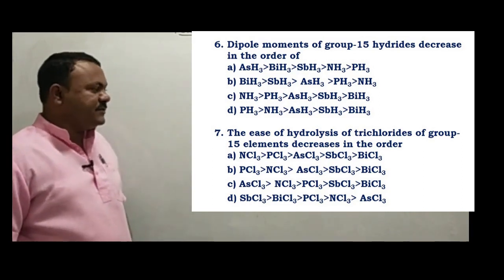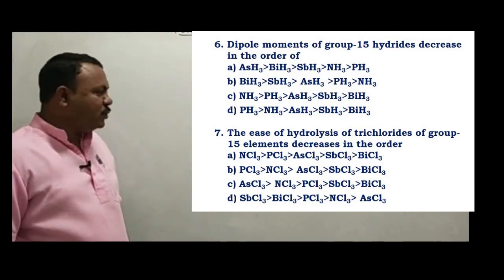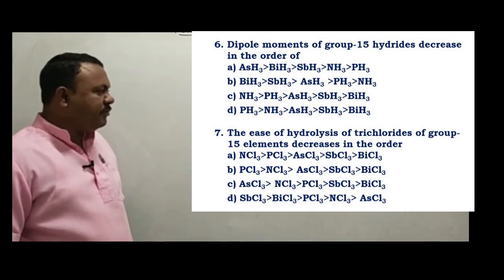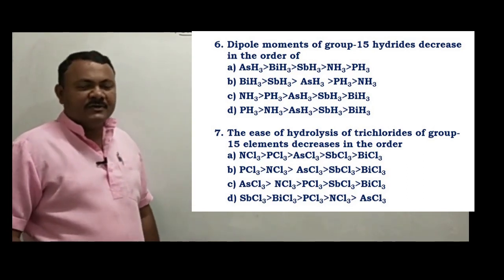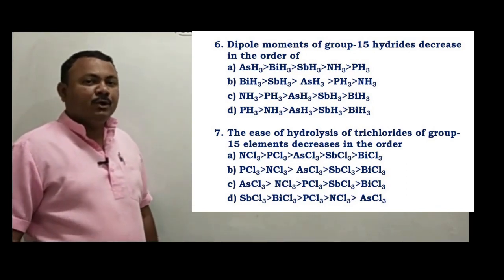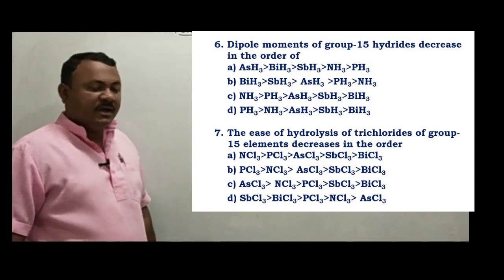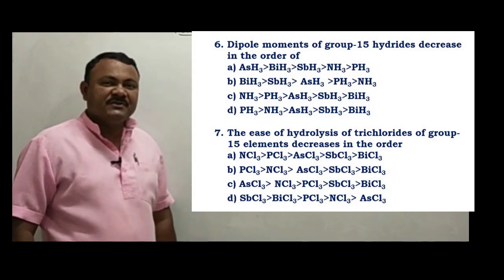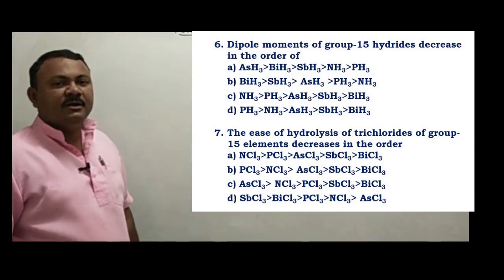It means it's option C. Seventh one, the ease of hydrolysis of trihalides of group 15 elements, even this I have explained, decreases in the order of nitrogen trichloride more than phosphorus trichloride, that is more than arsenic trichloride, this is more than SbCl3, and it is more than BiCl3. It means we can take option A.